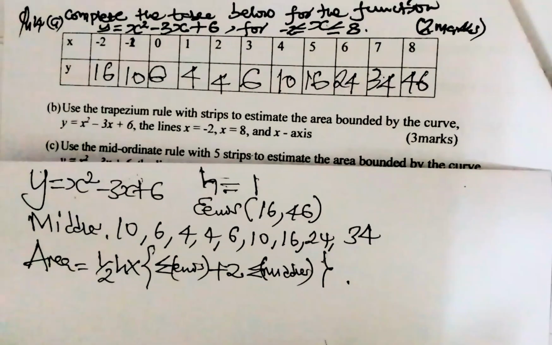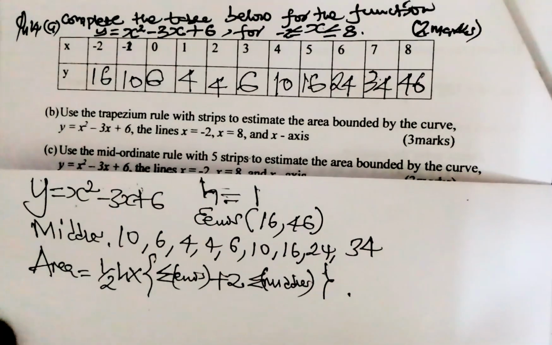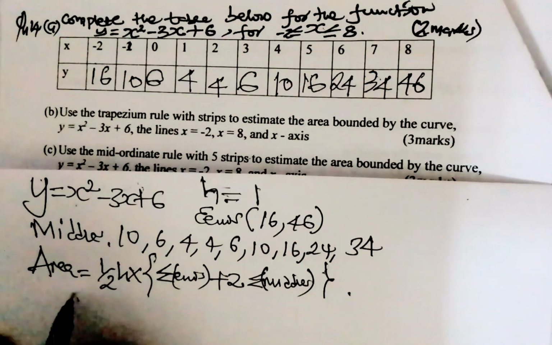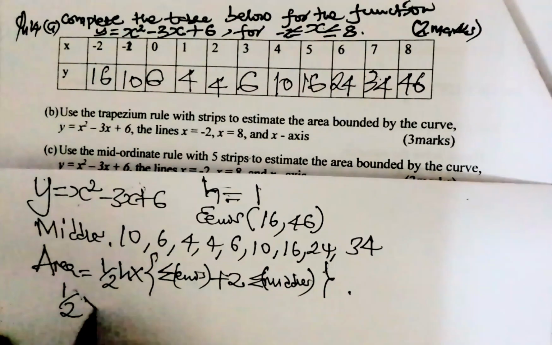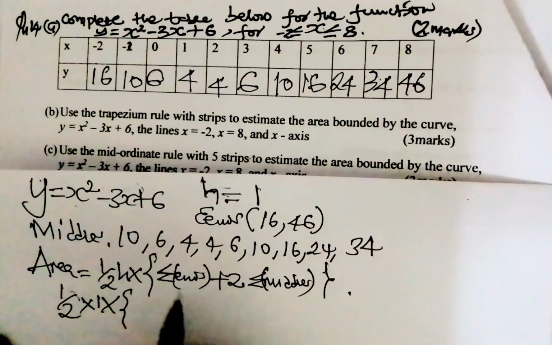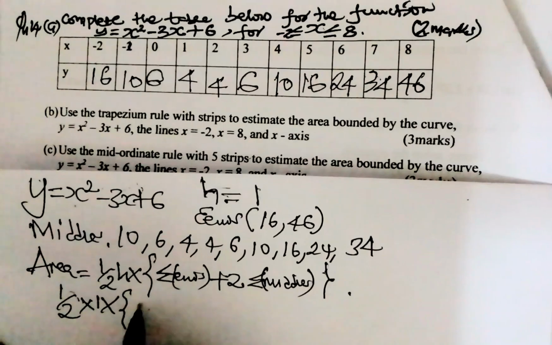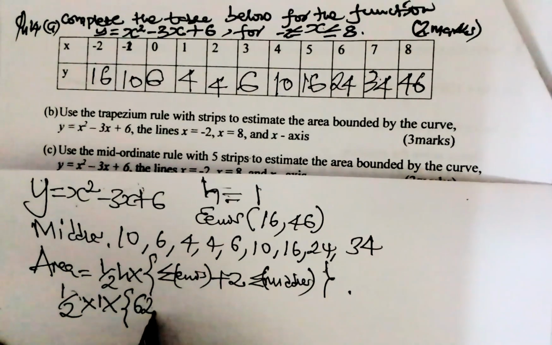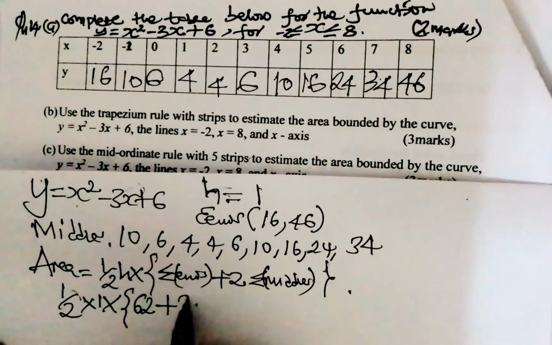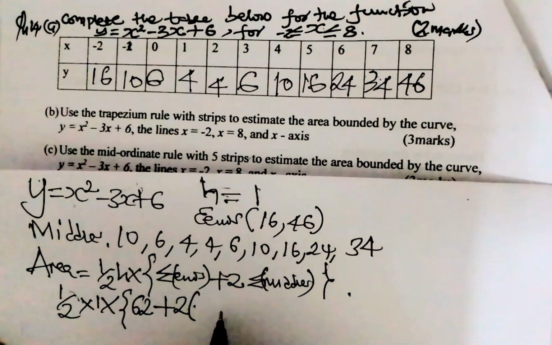So this will be given by half times 1 times into brackets total sum of the ends, that is 16 plus 46, which gives you 62, plus 2 multiplied by the total sum of the middles.